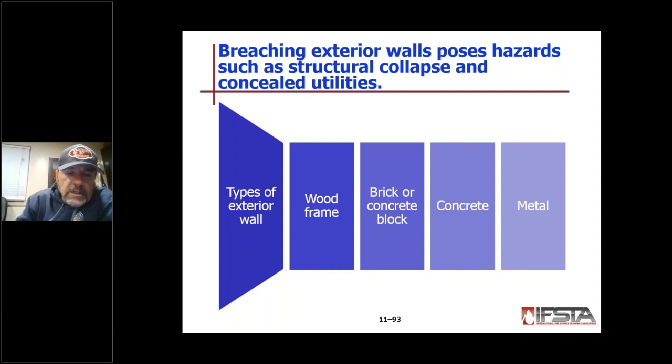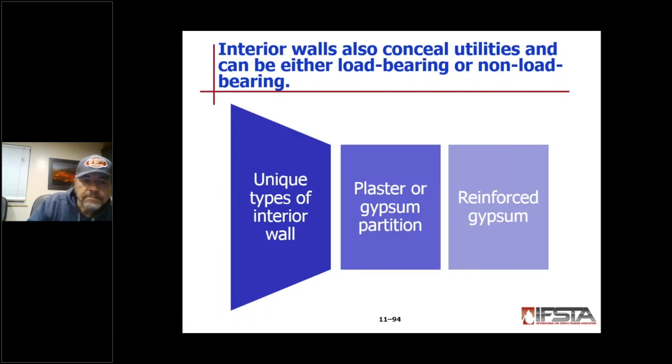Types of exterior walls: wood frame, brick or concrete, block, concrete and metal, and generally easiest on the left to more difficult on the right. Types of interior walls: plaster or gypsum partitions, drywall. We may have wood tongue and groove.